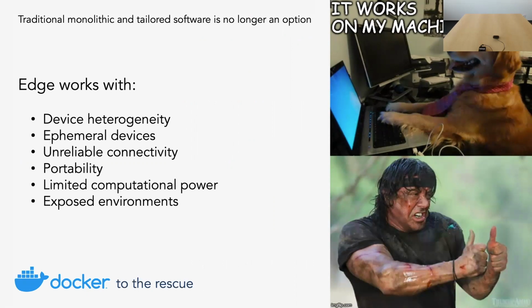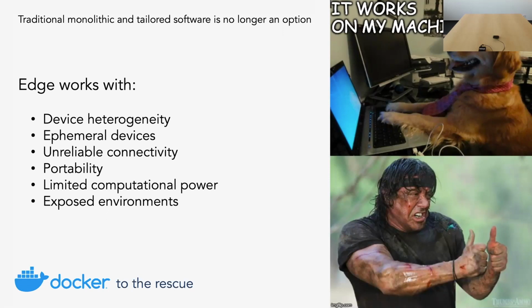Because when we work with edge, we are working also with heterogeneity plus ephemeral devices, because at the edge, devices might come and go depending when you are dealing with mobile use cases or battery-powered use cases. You might not always have a reliable connectivity to the wide area network. Therefore, your workloads must be able to run within a closed circle at the edge. Then we also have portability, because if your devices are ephemeral, then you need to be able to port your data and applications someplace else and still continue as if nothing happened.